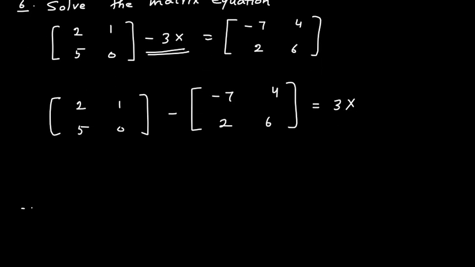So therefore I will subtract the value: 2 minus minus 7, it will be plus, so it is 2 plus 7, 1 minus 4, 5 minus 2, and 0 minus 6. This is equal to 3x.